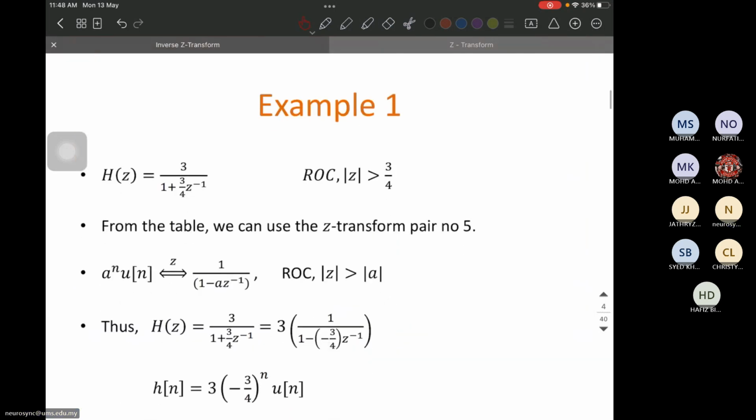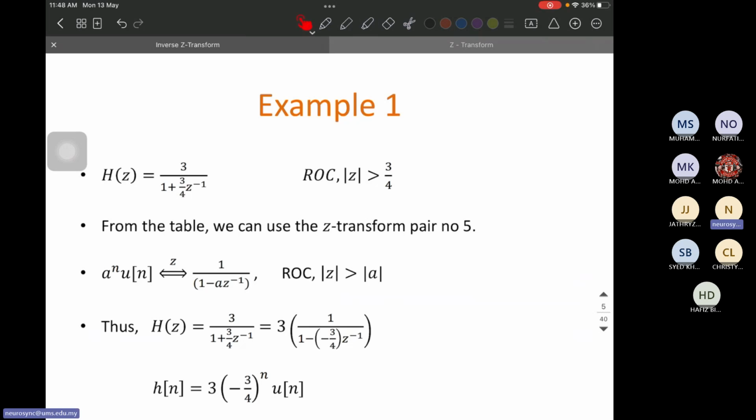Okay. Now we'll take one example. Suppose H of z is given like this: 3 divided by 1 plus 3 by 4 z inverse, and the ROC is given where mod of z is greater than 3 by 4. Okay.